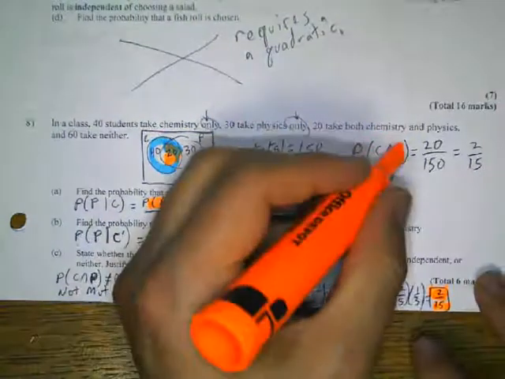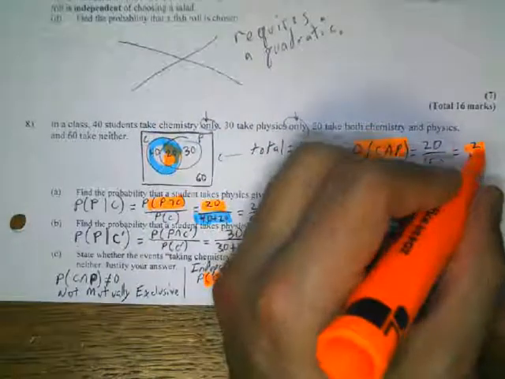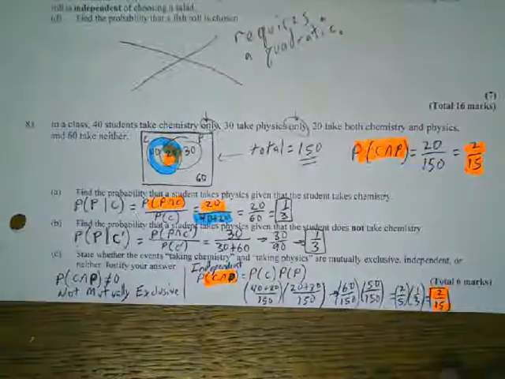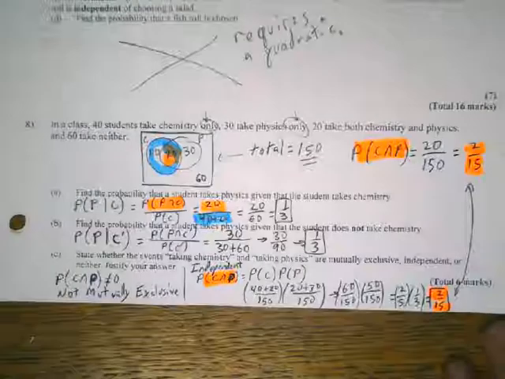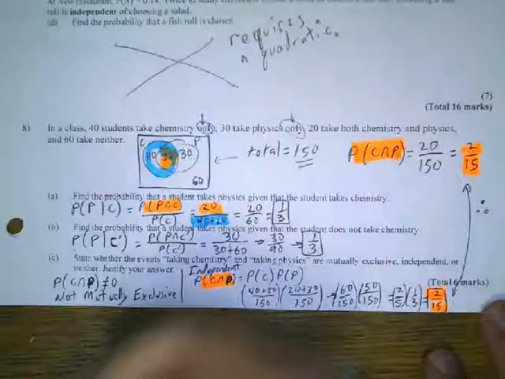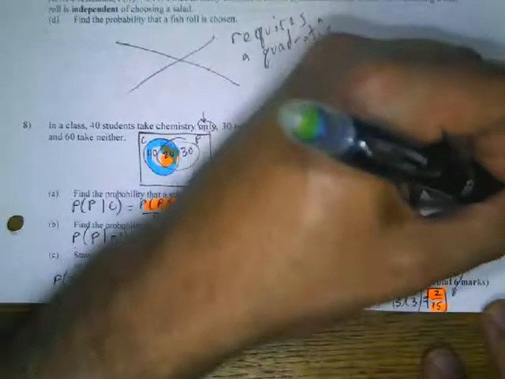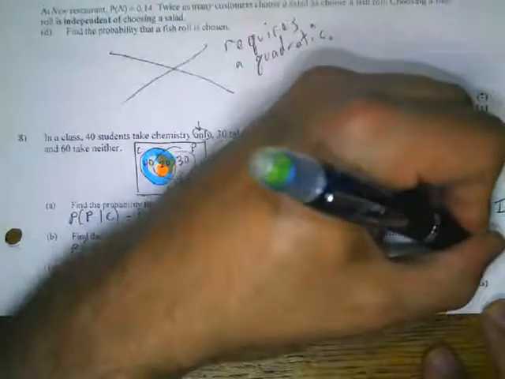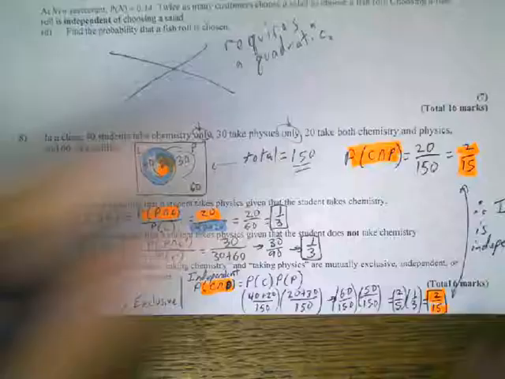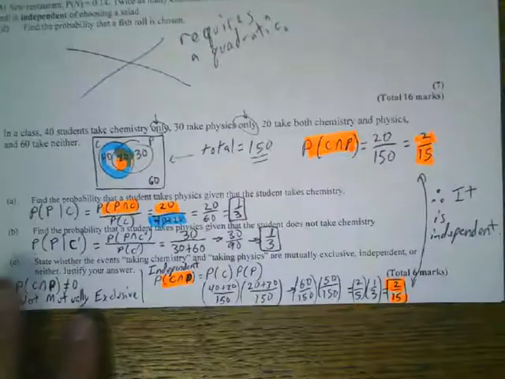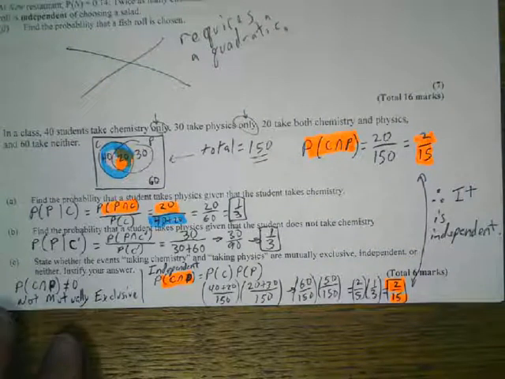Is this value the same as down below? Yes, it is. So therefore it is independent. Okay, there you go. And that's it for that page.